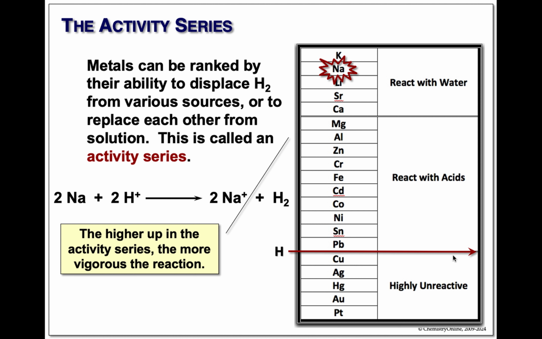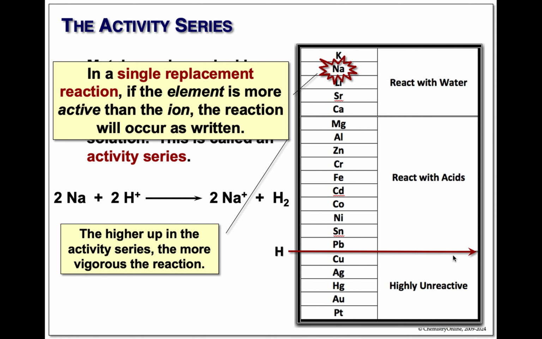There's a general rule, because we're dealing here with an element and an ion. If the element is more active, so that's higher up than the ion, the reaction will occur as written. So this is up, it's the element, this reaction goes, and it's very reactive.